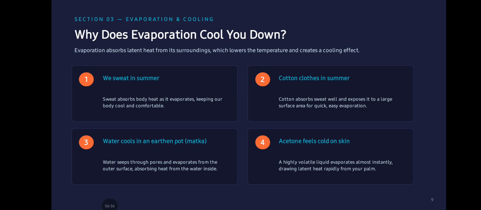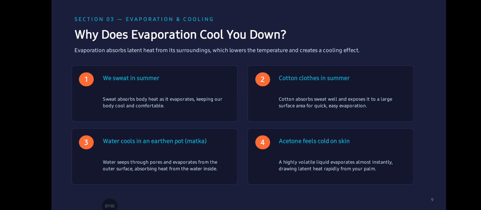Second, cotton clothes in summer. Cotton absorbs sweat well and exposes it to a large surface area for quick, easy evaporation. Third, water cools in an earthen pot, matka. Water seeps through pores and evaporates from the outer surface, absorbing heat from the water inside.